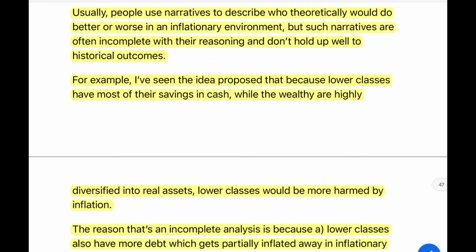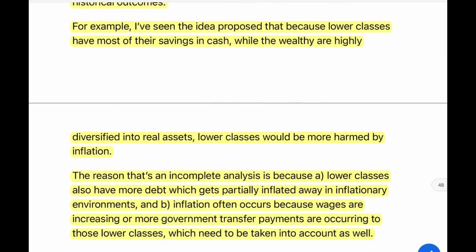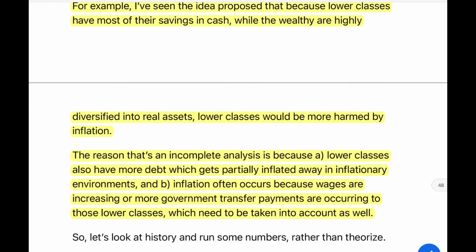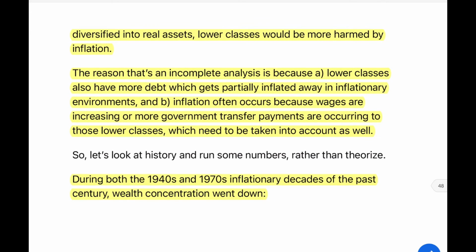Usually people use narratives about who theoretically would do better or worse in an inflationary environment, but such narratives are often incomplete with the reasoning and don't hold up well to historical outcomes. For example, I've seen an idea proposed that because lower class have most of their savings in cash, while the wealthy have highly diversified into real assets, lower class would be more harmed by inflation.